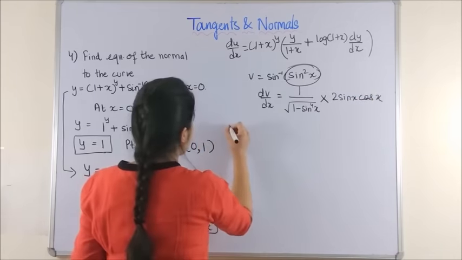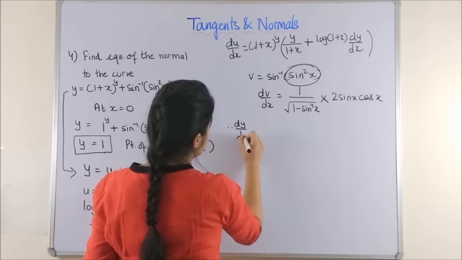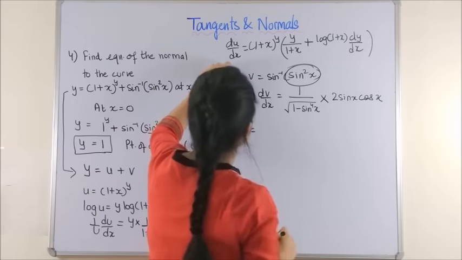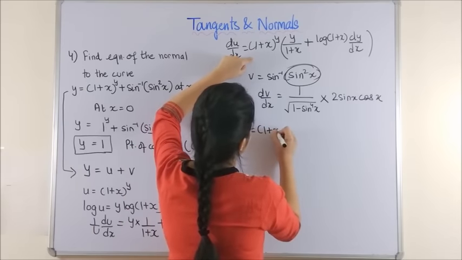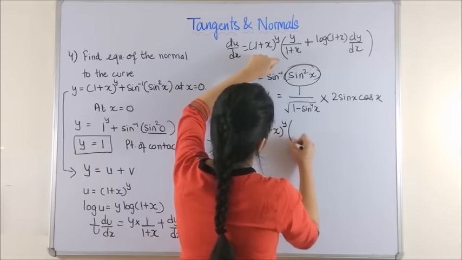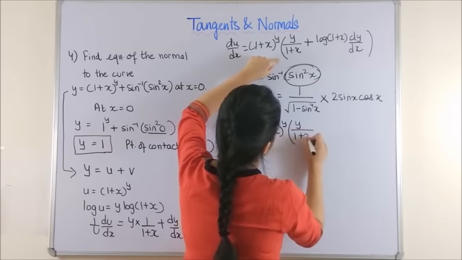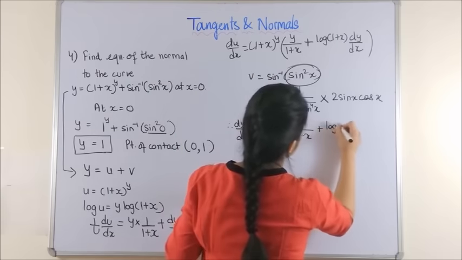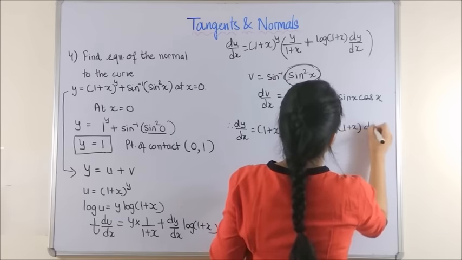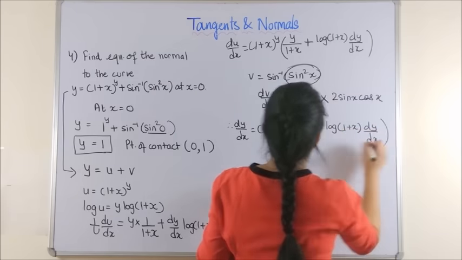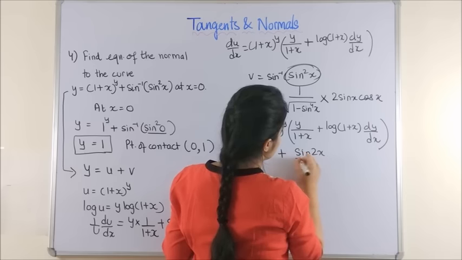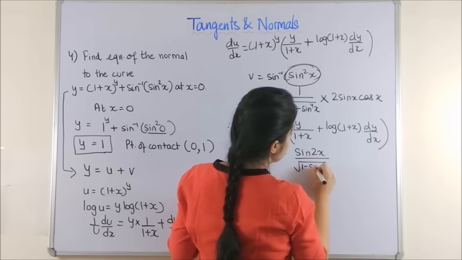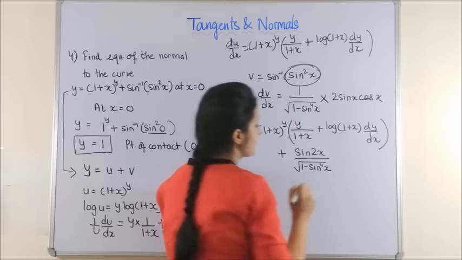Thus, our final dy by dx gives us du by dx plus dv by dx, which is (1 plus x) whole raised to power y into (y upon 1 plus x plus log of 1 plus x into dy by dx) plus sine 2x upon under root of 1 minus sine raised to power 4x.